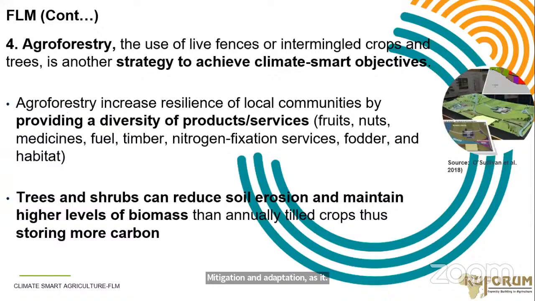Another approach is use of agroforestry, basically involving incorporation of trees or woody plants in farmland, either with crops or livestock, or protecting what is already there. And agroforestry increases resilience of local communities by providing a diversity of products.